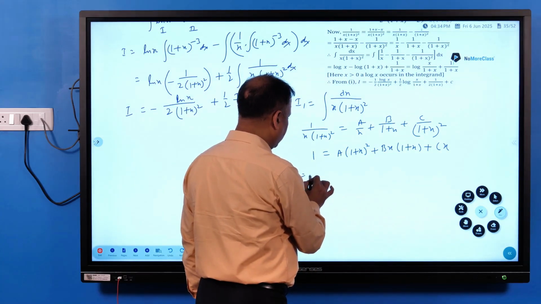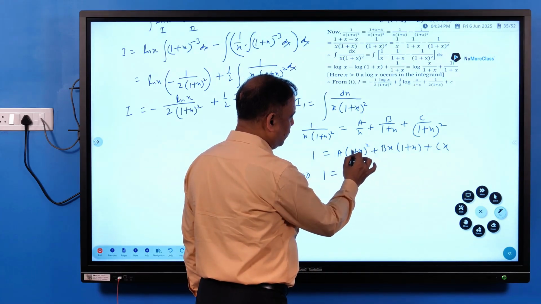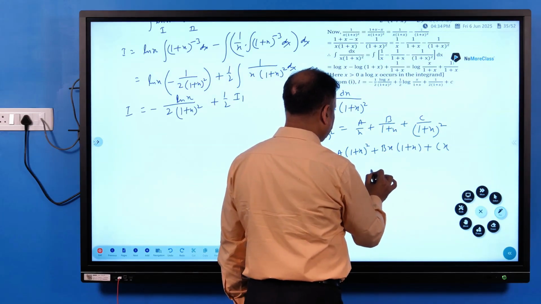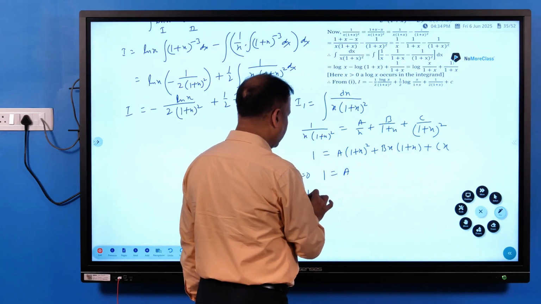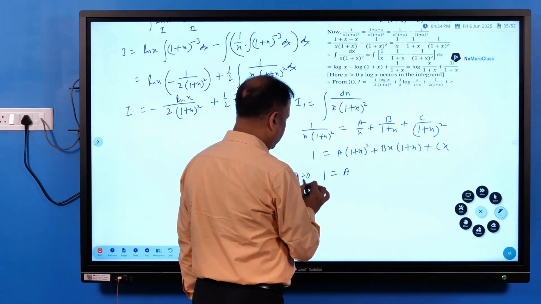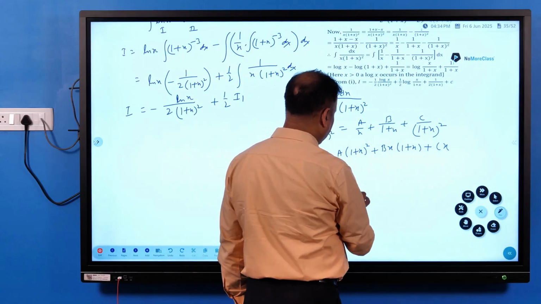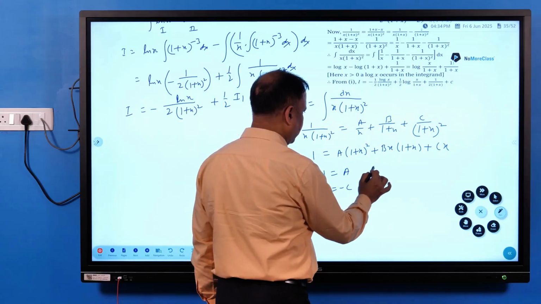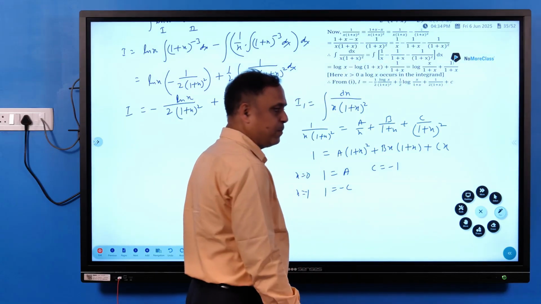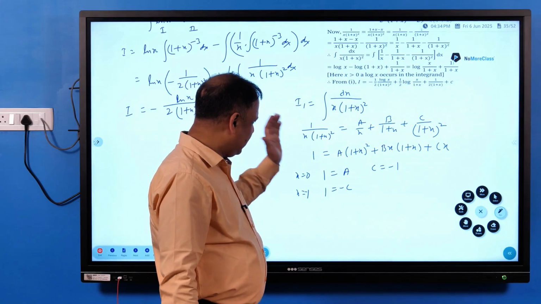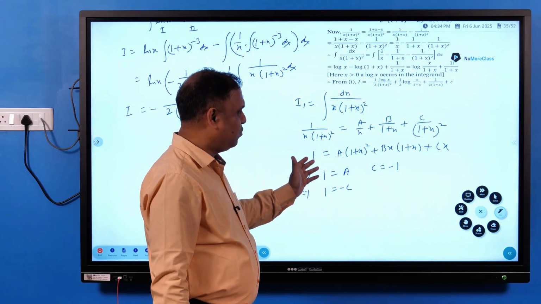So if I put x equal to 0, 1 is equal to 1 square is 1a. This is 0, this is 0. Second, put x equal to minus 1. So 1 is equal to, this will be 0, this will be 0 minus c. So c is equal to minus 1. For b, you can put x as any number, x1, x2.